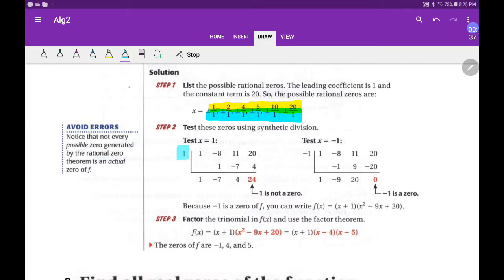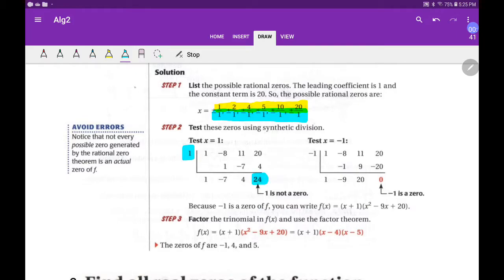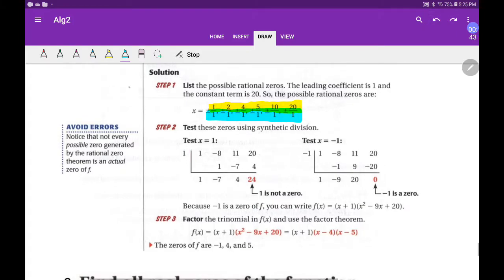So we guess 1 for x minus 1, and it's 24, so that's no good. So then we try negative 1, and we get 0, and we're like, hey, how lucky is that? That's great. So now we know if we got negative 1, then remember, it's always a different sign when we see it in its factored format.